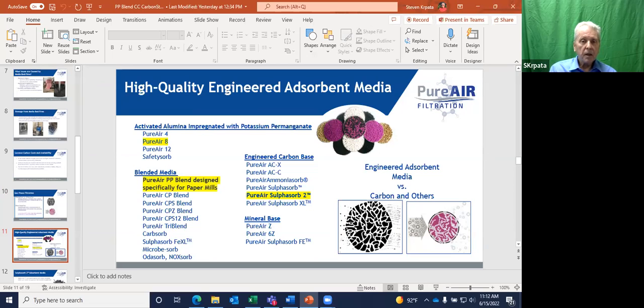So to completely clean the atmosphere and the electrical spaces, create pure air, and overcome the shortcomings of solely using carbon media requires a different approach. To satisfy this need, PureAir Filtration has developed PP blend, which is a combination of 50-50% of Sulfasorb 2 and PureAir 8.